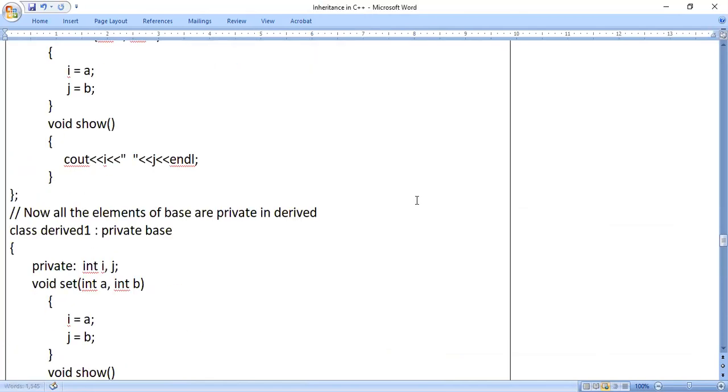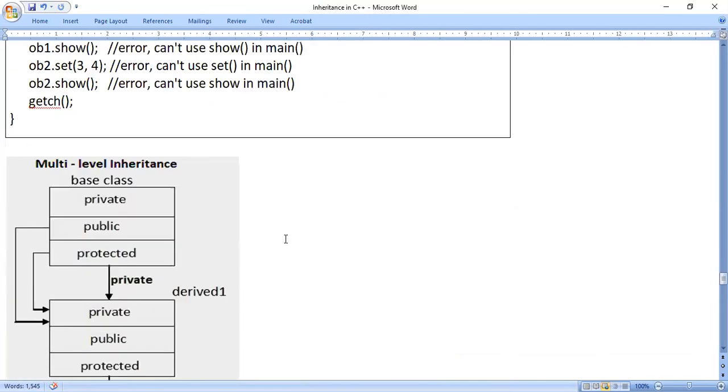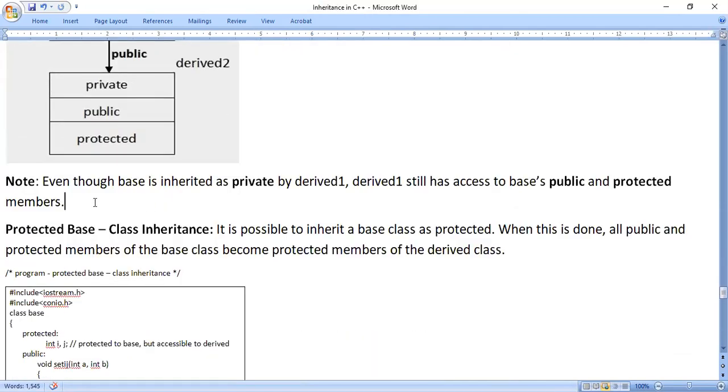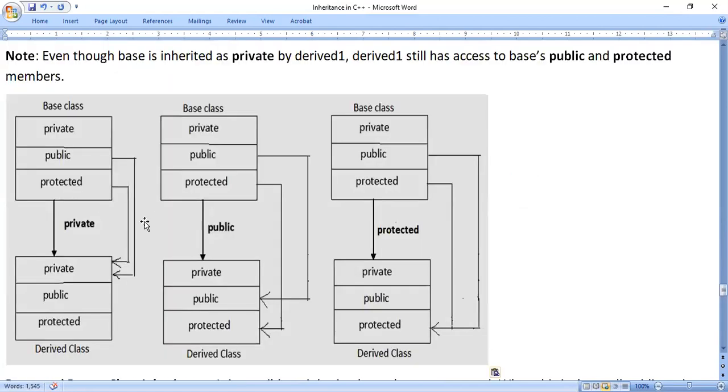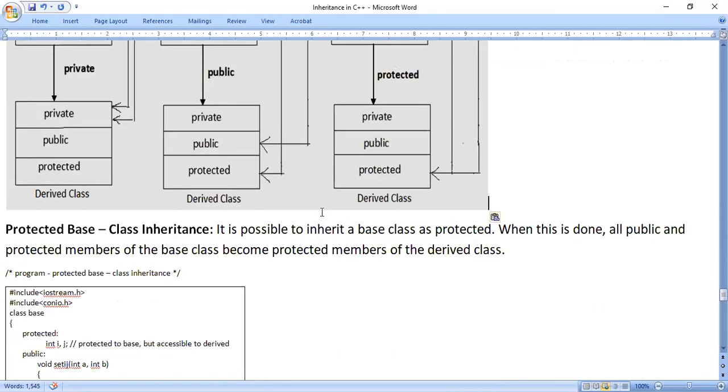So I will bring this diagram down and put it here. We have discussed inheritance mode as private and public. Now we will go to the protected mode. Till now, in the programs we saw, we have not come across the last mode of inheritance, that is protected mode of inheritance. Now we will see what happens.